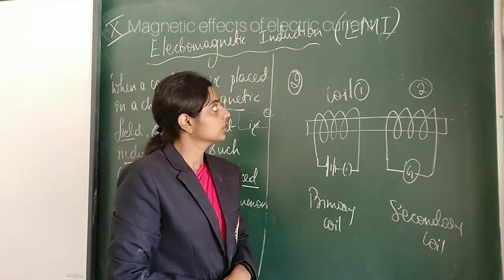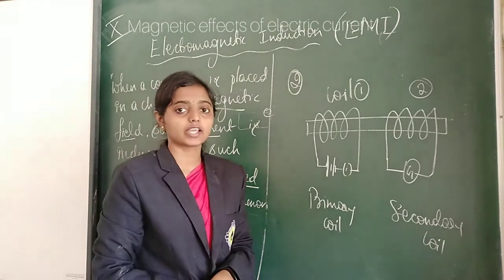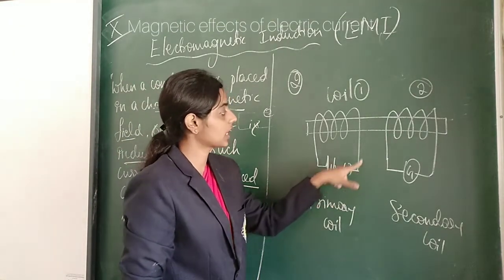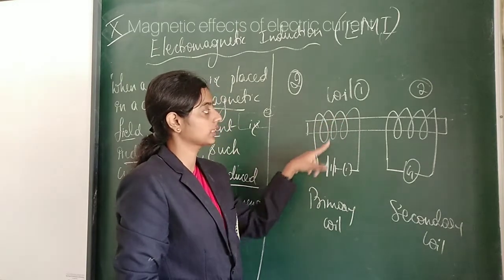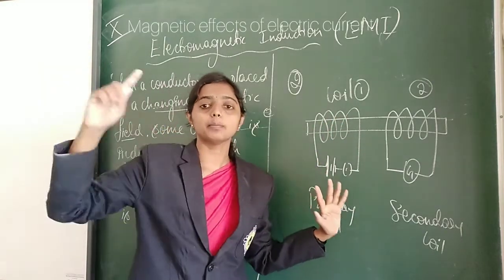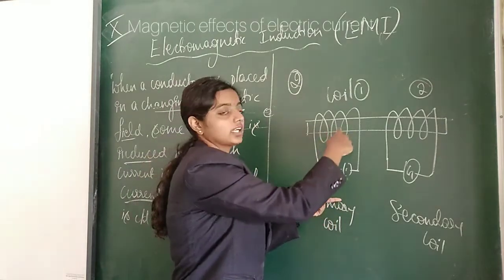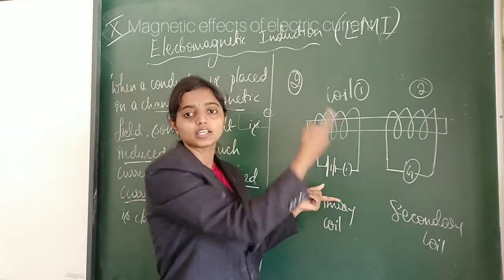Now here, according to Michael Faraday, when we switch on, what happens? The current will start to flow in this first coil, and from the hands-on experiment we know that any current carrying conductor will produce magnetic fields.